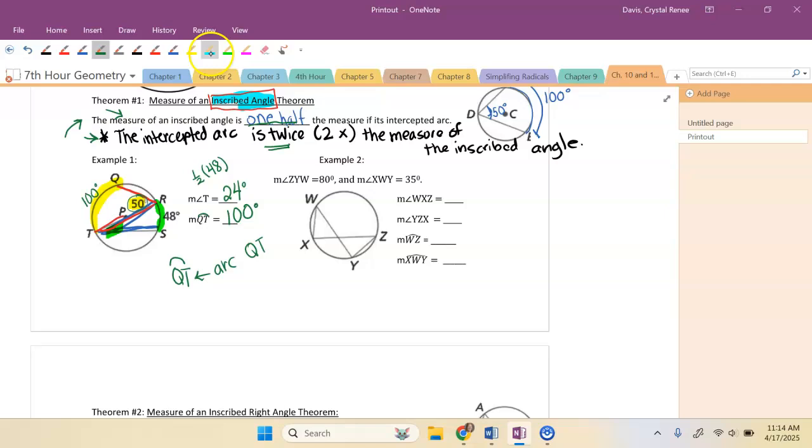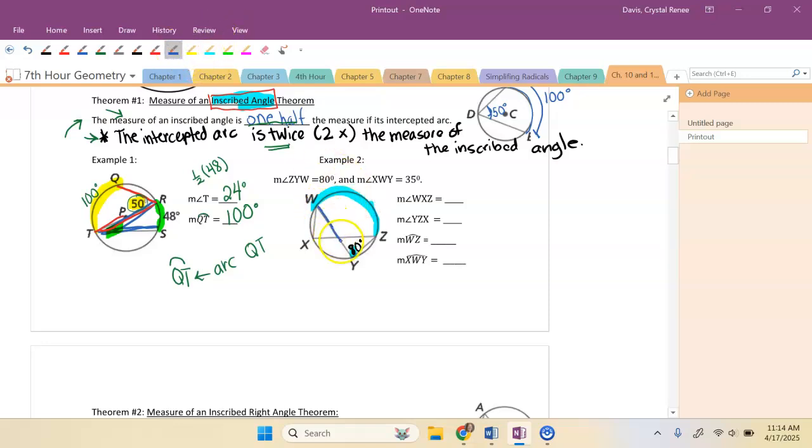Now on this one here, we know that the measure of ZYW, so this angle right here, is 80 degrees. That means that this right here has to be double that, right?